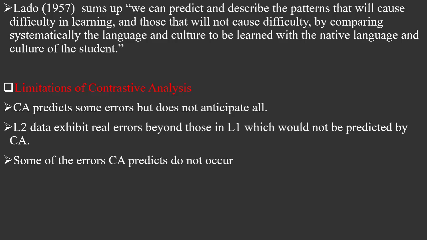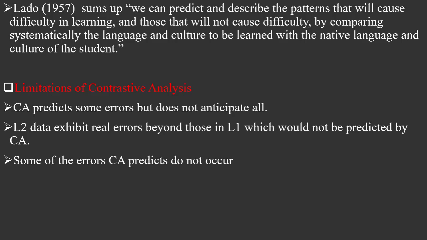Now, limitations of contrastive analysis. Contrastive analysis predicts some errors but does not anticipate all errors. L2 data exhibit errors beyond those in L1, which would not be predicted by contrastive analysis.